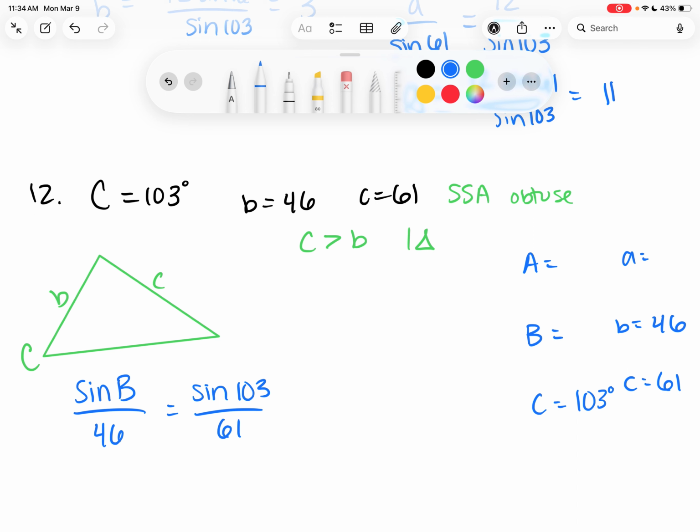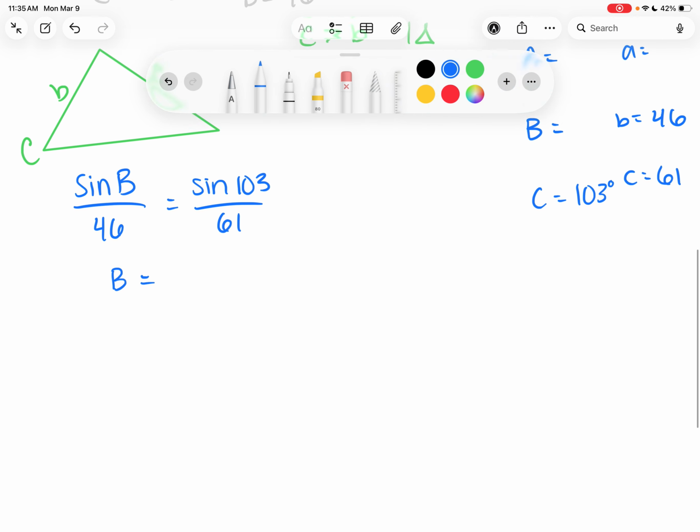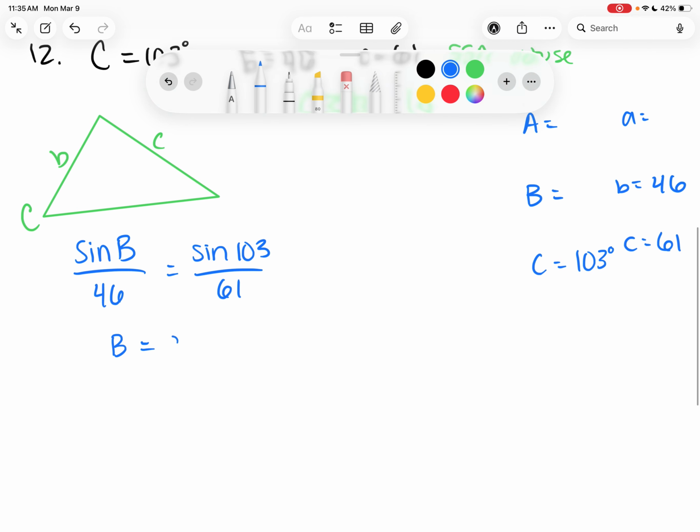I'm going to multiply by 46, and I'm going to take the inverse sine of that whole thing. So I've got the inverse sine of 46 sine 103 all over 61.